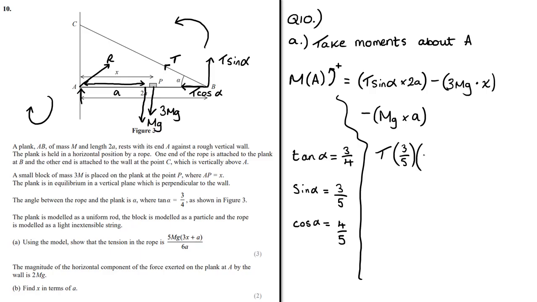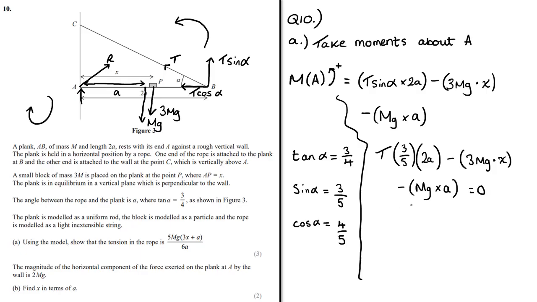I've now got minus 3mg times x, and I'm just going to keep these in brackets so I can keep this clean. And I've got minus mg times a. Now, because this is in equilibrium, this will all be equal to 0. So I can set this equal to 0.